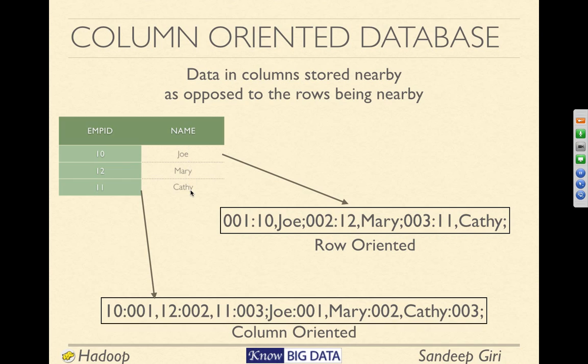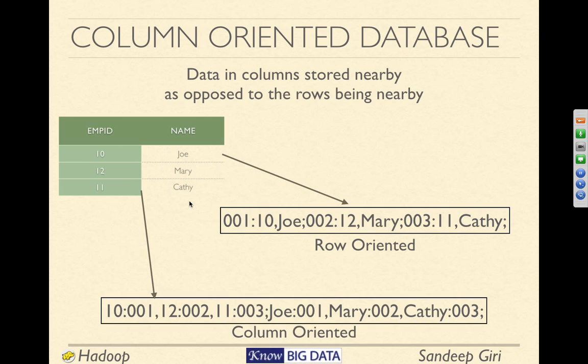This is column-oriented storage. In row-oriented databases, you store 10 Joe, 12 Mary, 11 Kathy. That is row-oriented storage.